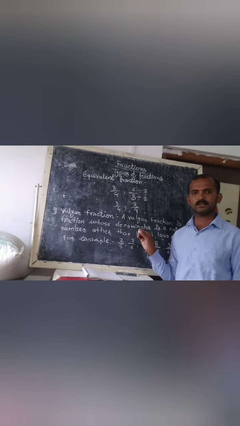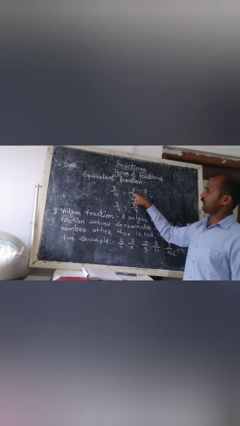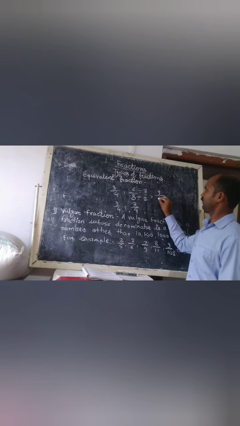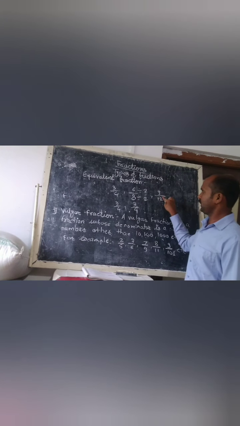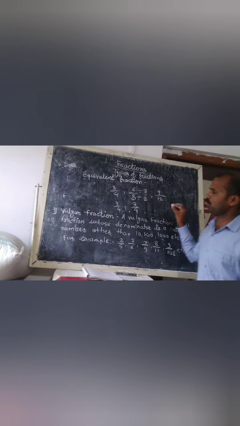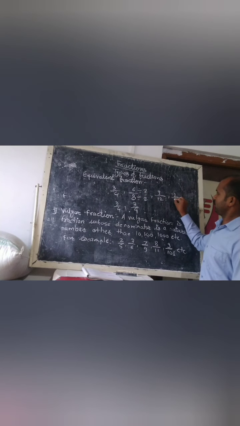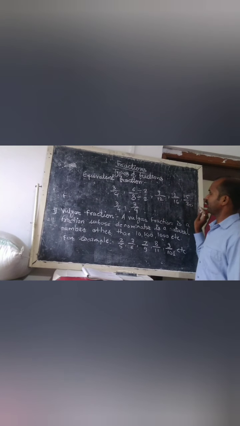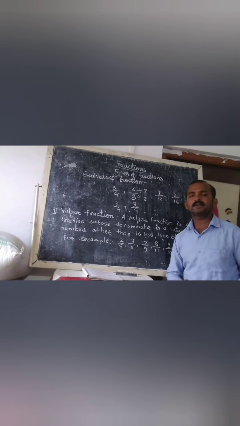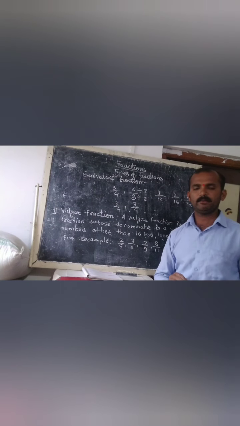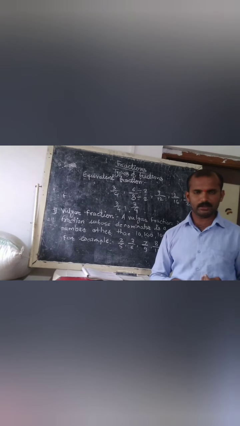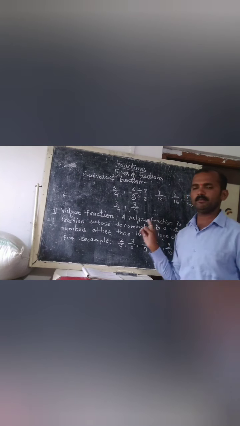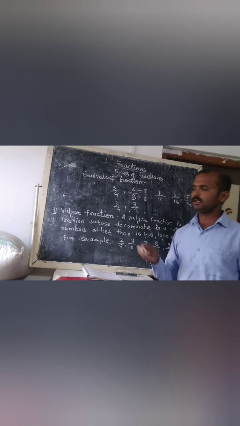Other equivalent fractions: 3 times 3 is 9, 4 times 3 is 12. So 9 upon 12, 6 upon 8, 3 upon 4, 12 upon 16, 15 upon 20. These all are equivalent fractions. Equivalent fractions can be obtained by either multiplying or dividing by the same non-zero number.